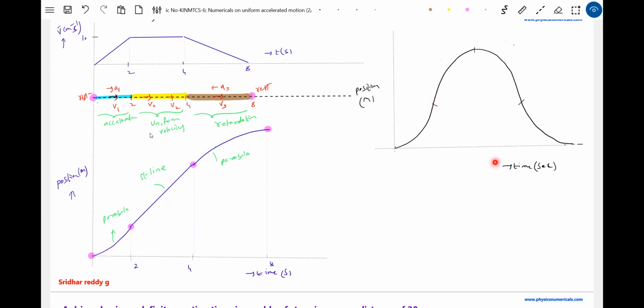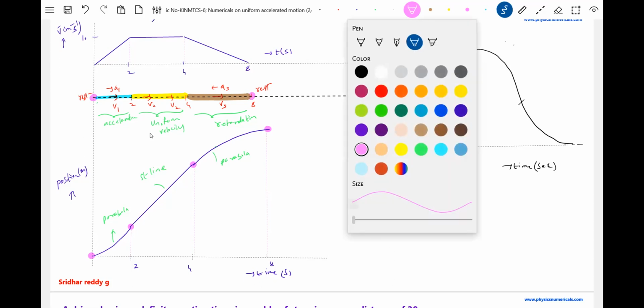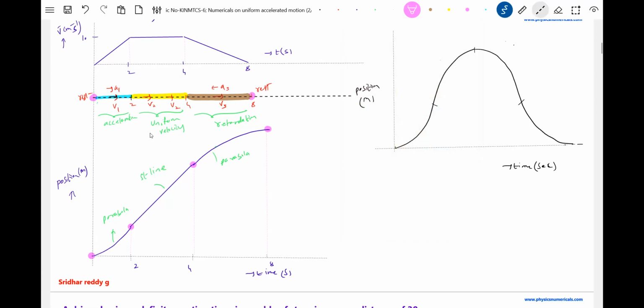Towards the right, I'll take positive. So what do you mean by slope? Sir, I'm not understanding what you're saying about slope. Okay, we'll do one thing. Is it visible? I'll make it a little bit thick. I'm drawing the tangent at 2 different points.